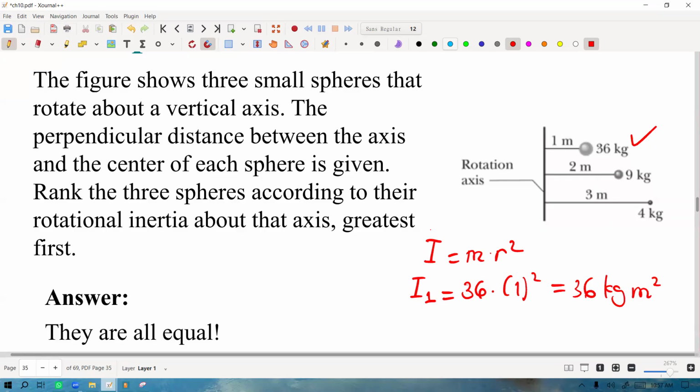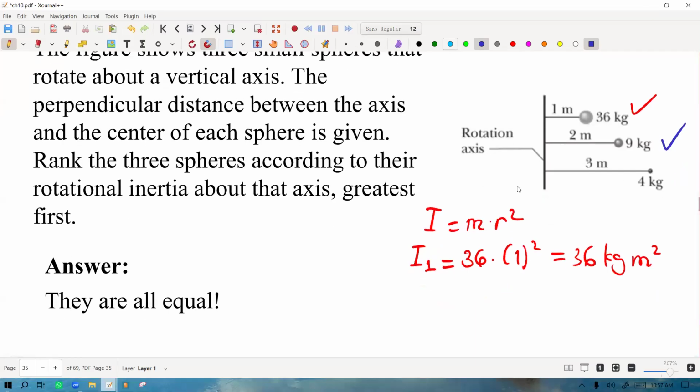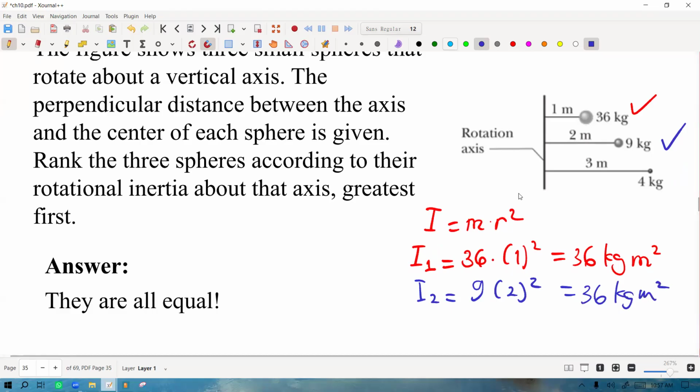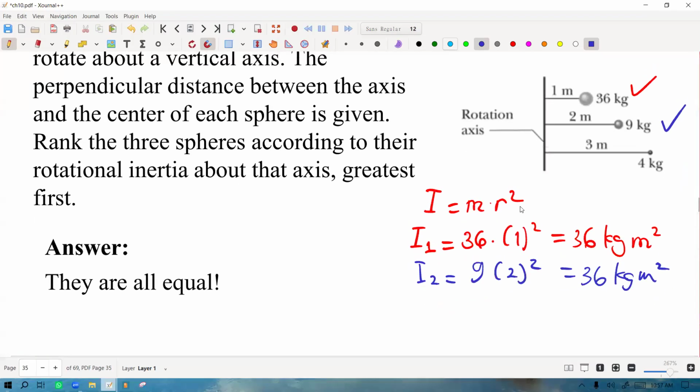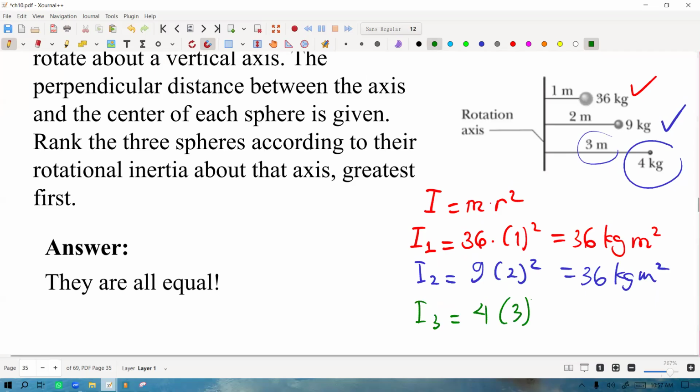For the second object, the mass is 9 kilograms and the distance is 2 meters, so 9 times 2 square, also 36 kilogram meter square. For the third object, 4 kilograms and 3 meters, I3 is 4 times 3 square, also 36 kilogram meter square.